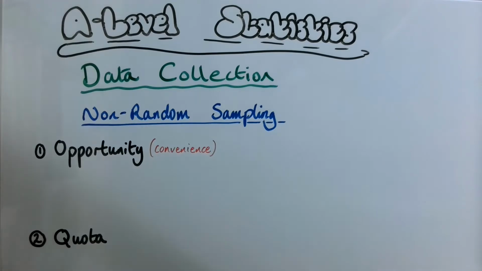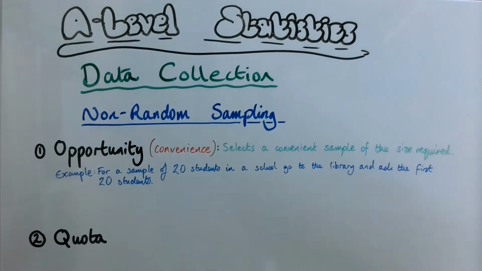So if you want a sample of 20 and you're thinking about shopping, you go to a shopping centre and just ask the first 20 people that you find. So we're selecting a convenient sample of the size required.